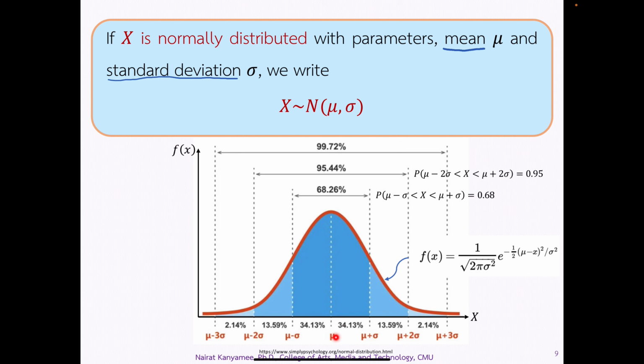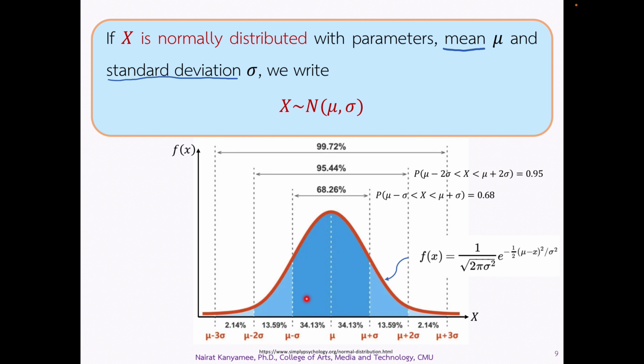When you shift to the right, you add sigma to mu, so mu plus sigma is here, then mu plus 2 sigma, mu plus 3 sigma. And to the left, if you subtract sigma from mu, we get mu minus sigma, mu minus 2 sigma, mu minus 3 sigma.